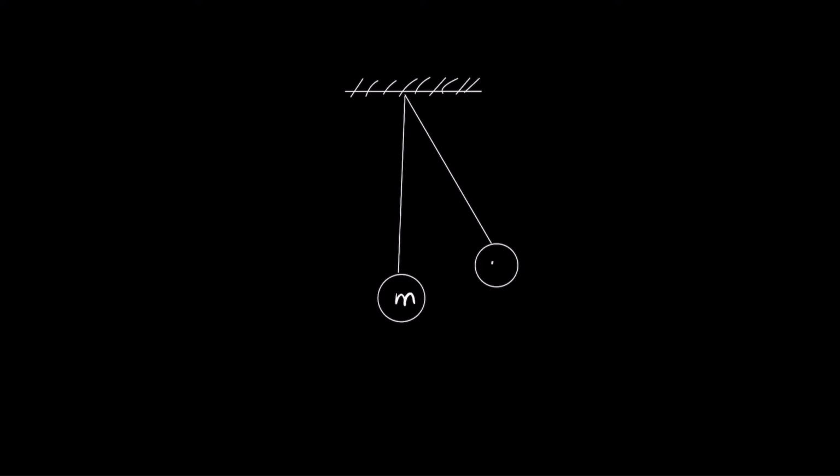At this position, this becomes the equilibrium position. This is the position of maximum displacement. The same thing happens on the other side as well. We are not going to draw that side, but remember that the same thing happens there. This is the angle theta right here.